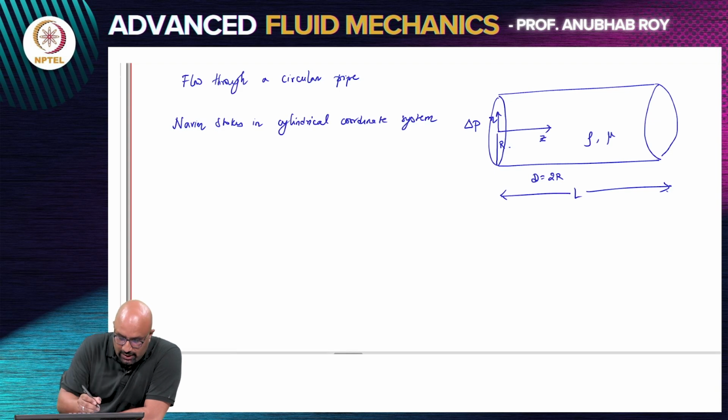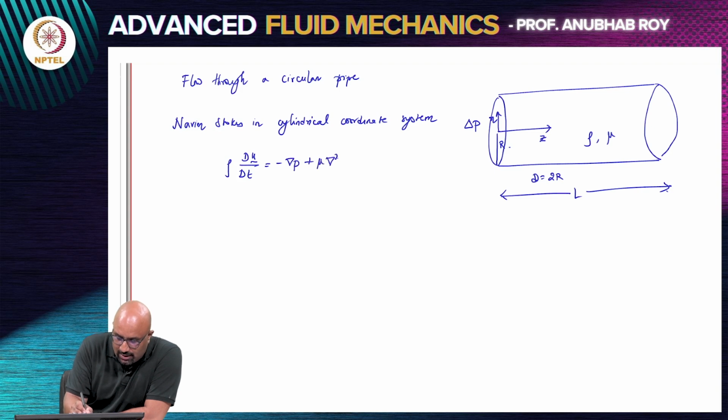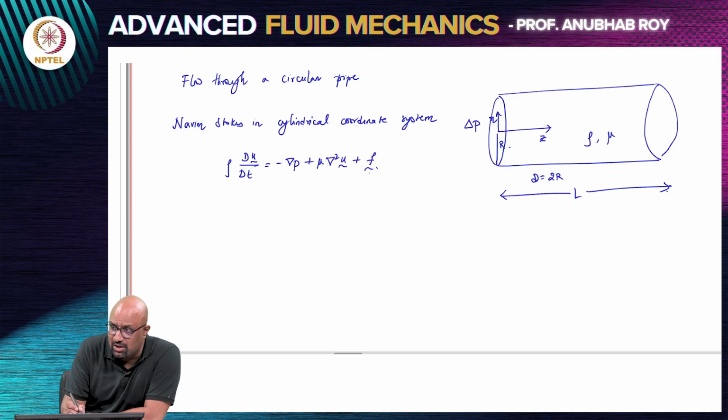So earlier we obviously started out with our governing equation, which was that the fluid acceleration is balanced by pressure gradient and the viscous force, and if there was any body force. So this obviously doesn't change, but we are now interested in writing this down in terms of cylindrical coordinates, and will not be looking into any body force effect. So I'll write this in cylindrical coordinate system.